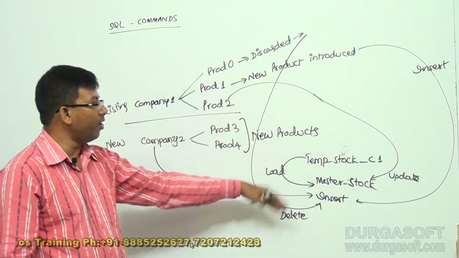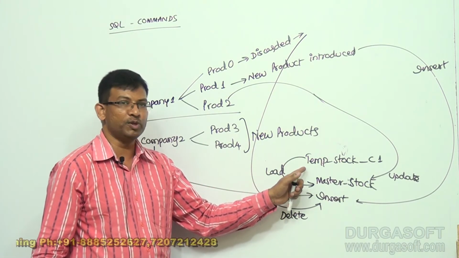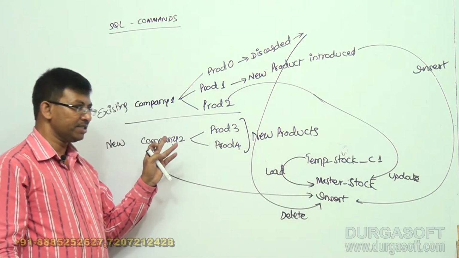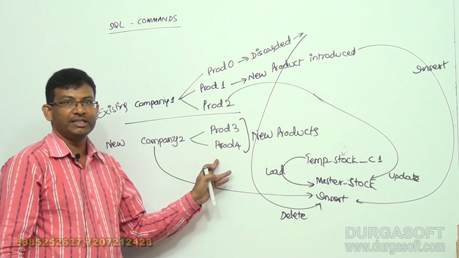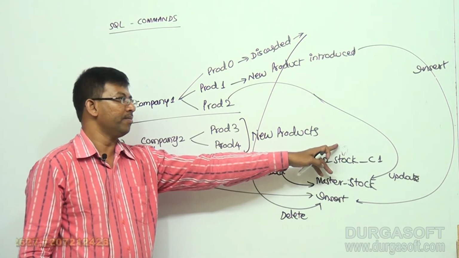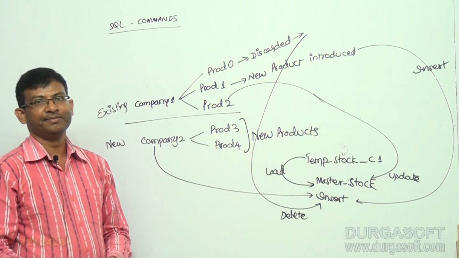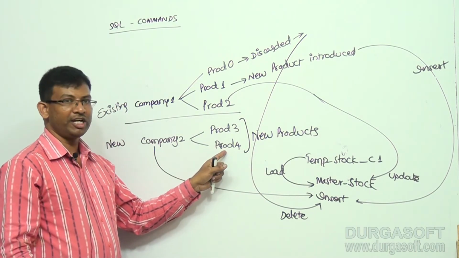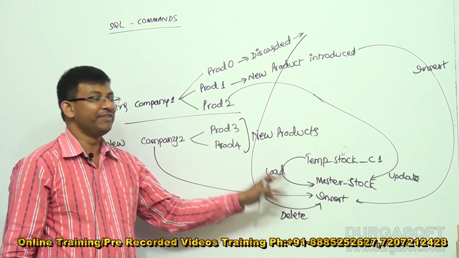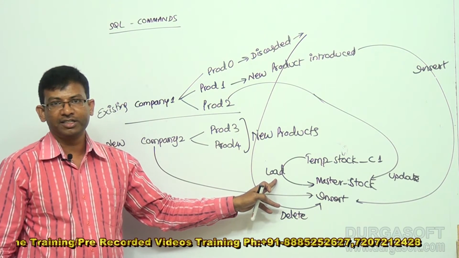So to perform all these operations, we should write a PL/SQL block or procedure here. If the company name is available and the product is available, then update the quantity, the price, batch number, expiry date, etc. If the product is not available, add that product, that should go as an insert. If the company itself is not there, add that company, that is also an insert.